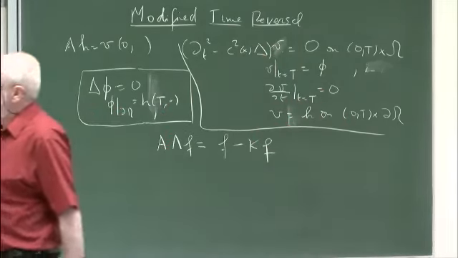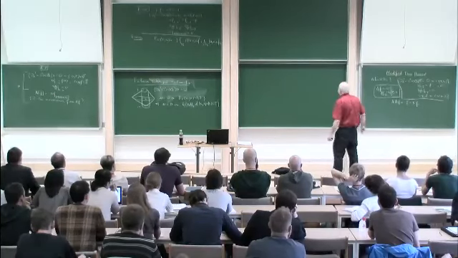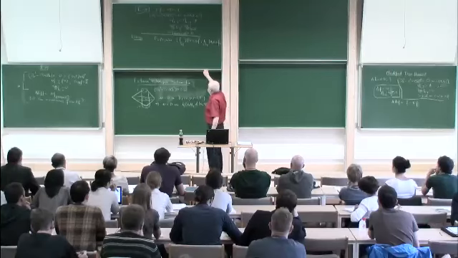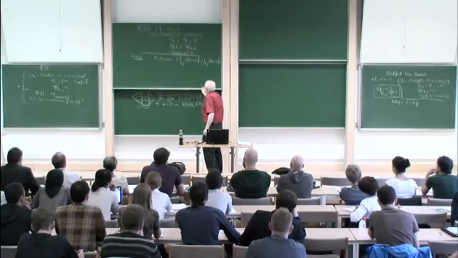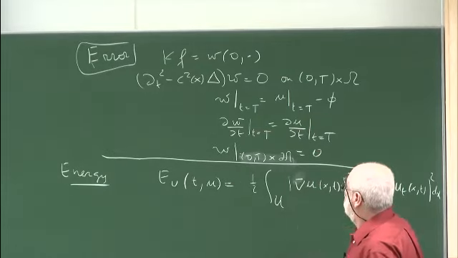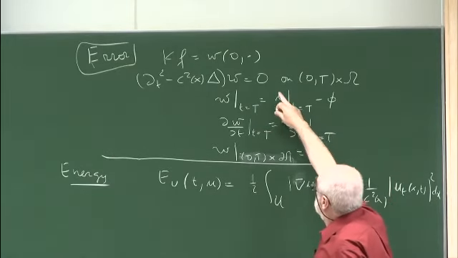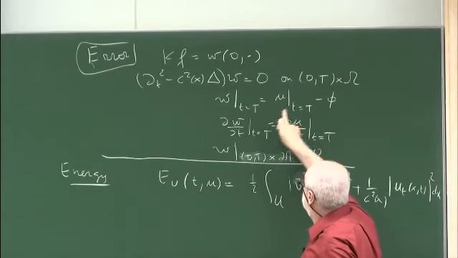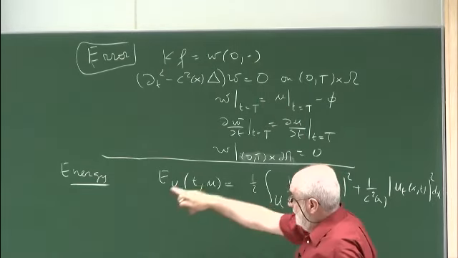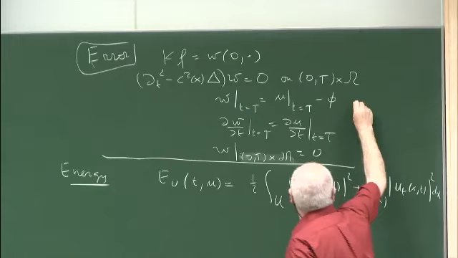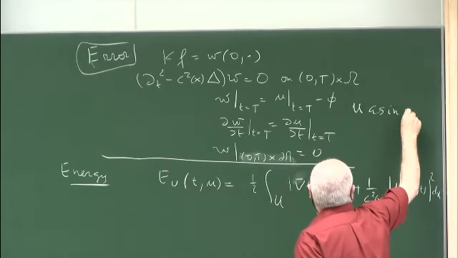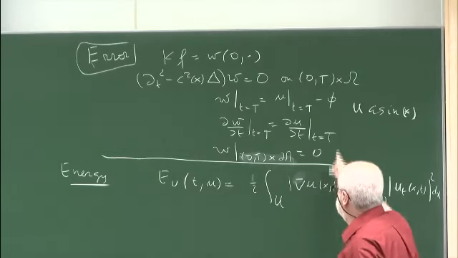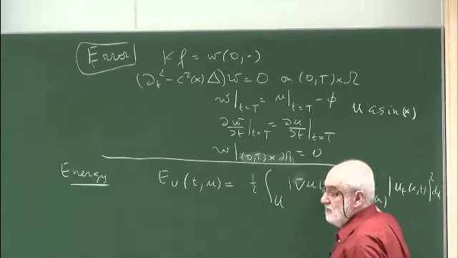And the error is given by the value of W, the solution of this problem, at 0. So this is the same wave equation. So this is K of F, W of 0, solution of the same wave equation with data, the same data as U there. And the initial velocity at time capital T, the same as U, and with Dirichlet boundary condition.